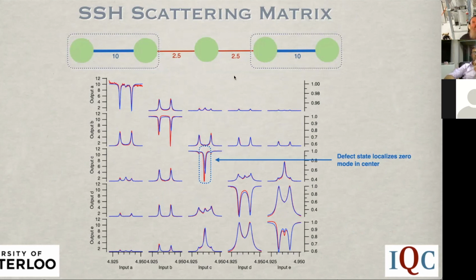Can you state again the case of the impurity at the center and the existence of the zero mode? What I'm showing here is, again, a small system, but the idea is that for the SSH, I should have alternating 10, 2.5, 10, 2.5, right? And so I've kind of broken that. If this were bigger, you would see it more clearly, but it's basically I have two domains of my SSH model, say an odd domain and an even domain, and then they're coming together, right?